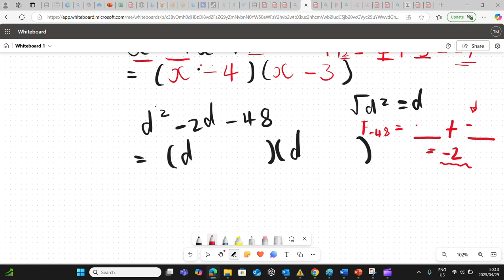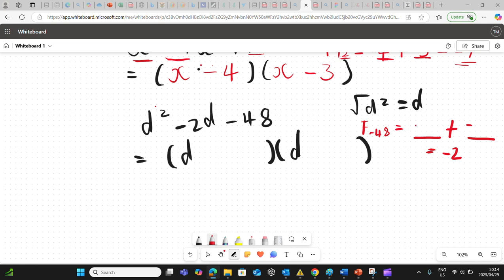So I'm thinking a 2 and a 24, so positive 2 and negative 24. Do those add to give me a negative 2? They clearly don't, so I discount that and look for other factors.